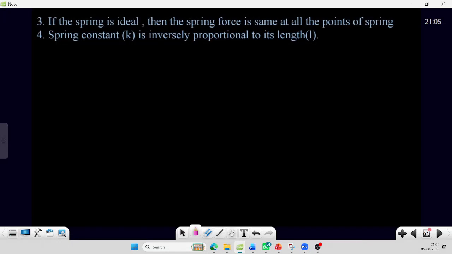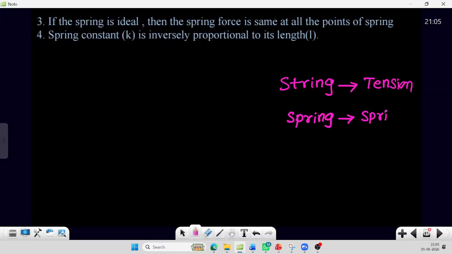That is the only difference. The properties are the same, but the terminology we use is slightly different.